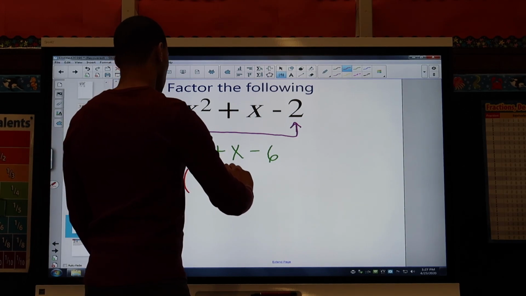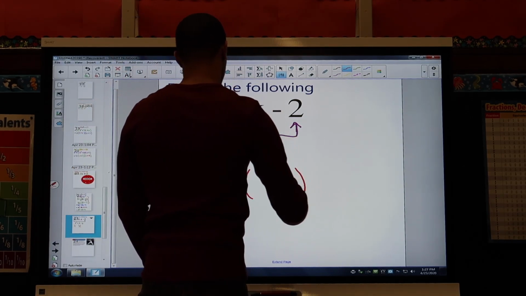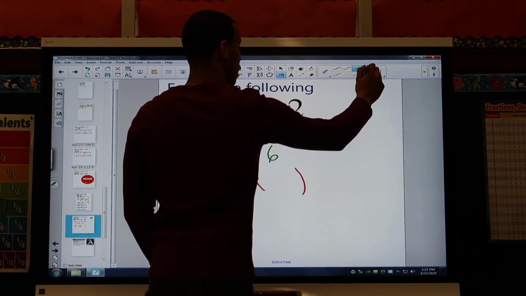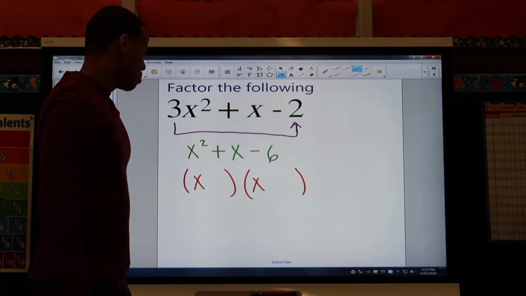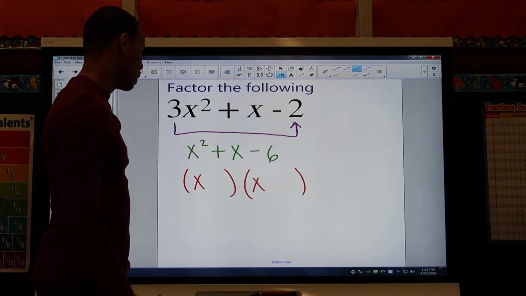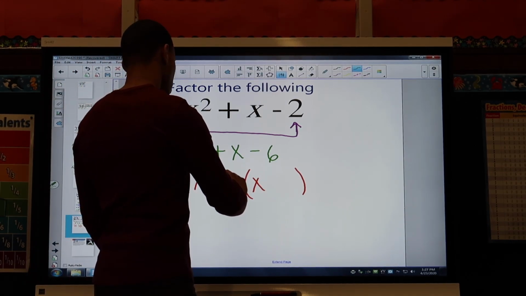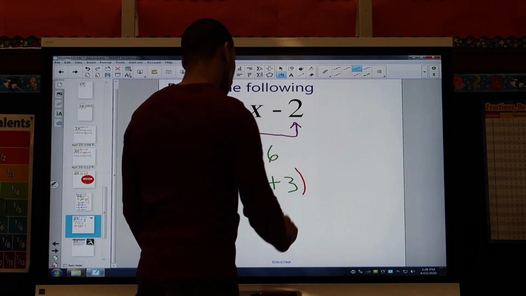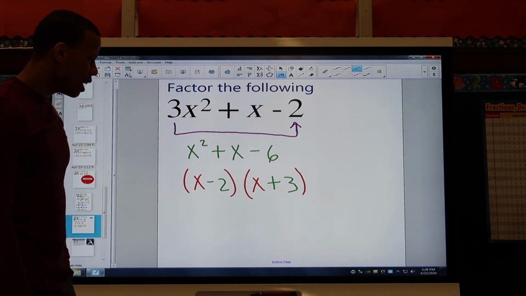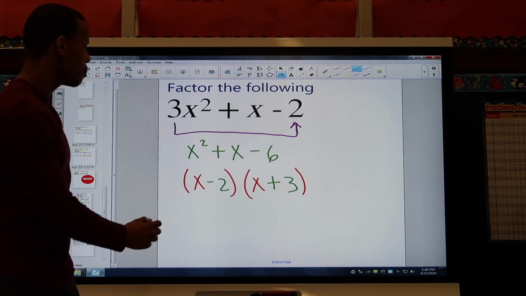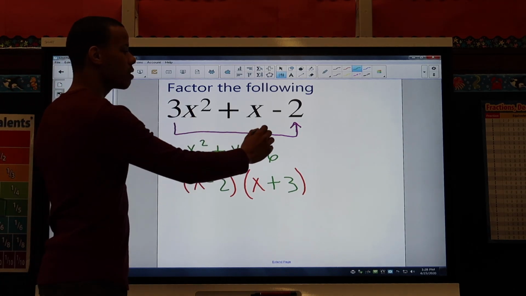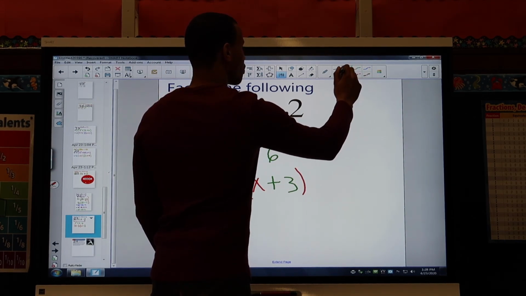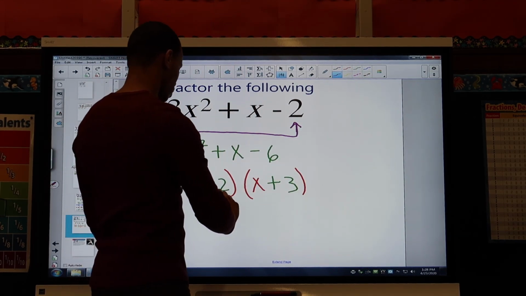This would be x, this would be x, and then I'm thinking this would be negative 2, and my second one will be positive 3. There you go. So now, since I slid it by multiplying by 3, I'm going to divide by 3.